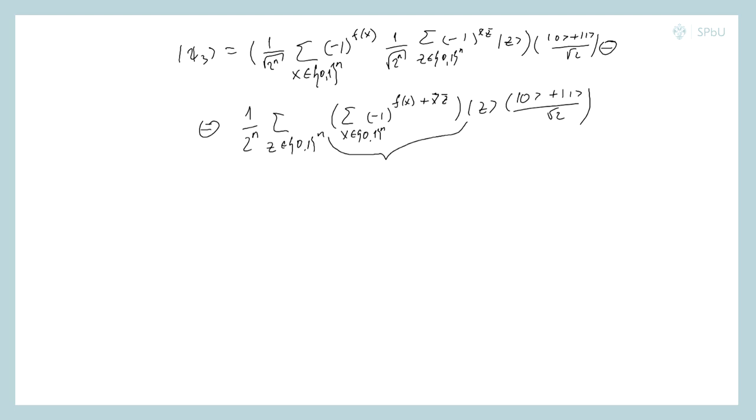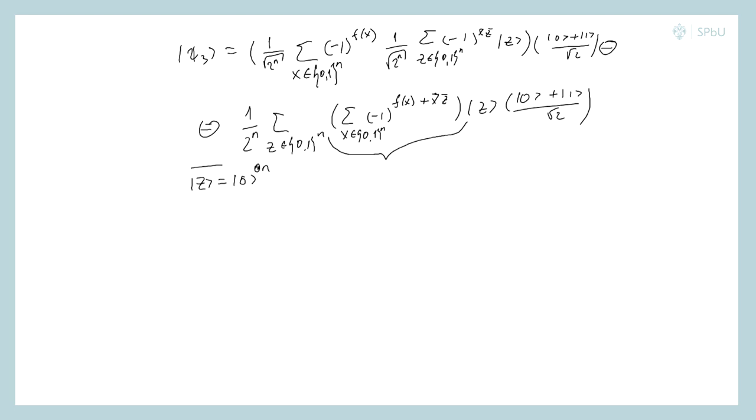And let's assume that the z state is a string filled by zeros, only zeros. So that z1 equals 0, z2 equals 0, and so on, dimension of n.